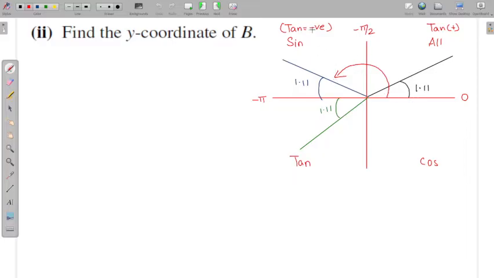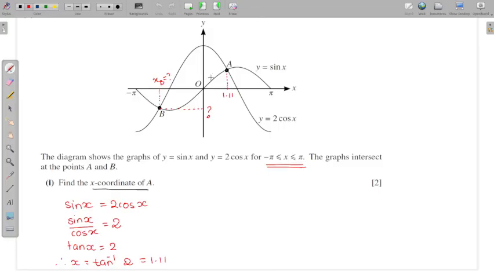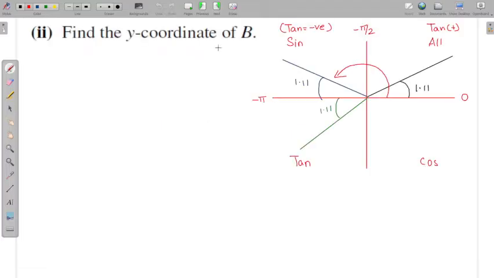But here, since tan value must be negative this time because the x coordinate of B is to the left hand side in this direction where all the values of x are negative, so the value of tan should be negative. So tan is negative in this quadrant, sine quadrant, because if we look at this quadrant, the third quadrant where tan is positive, this is going beyond the range.